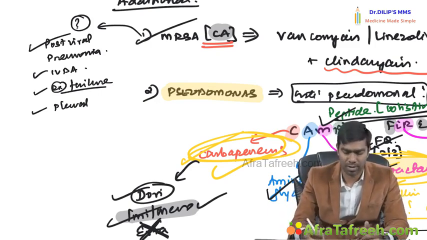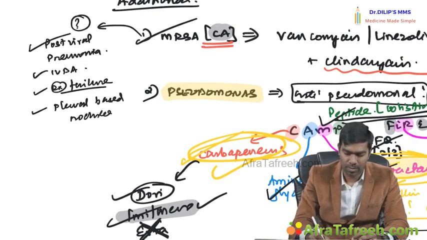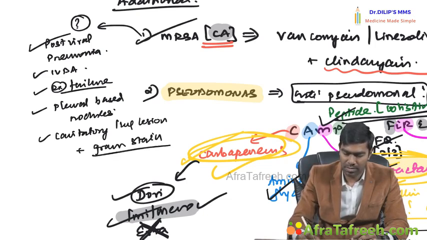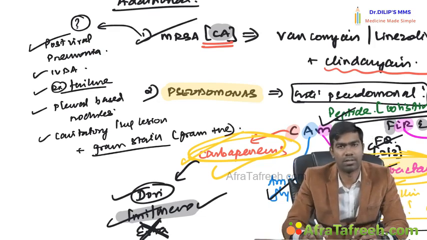Very high risk of Staph aureus. So if you have pleural-based nodules, or if you are having a cavitatory lung lesion with Gram stain showing gram-positive organisms, especially in clusters.